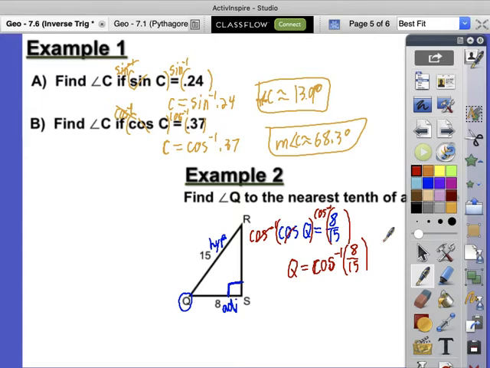Go nearest 10th, not the nearest whole degree. If you need help as well, raise your hand.